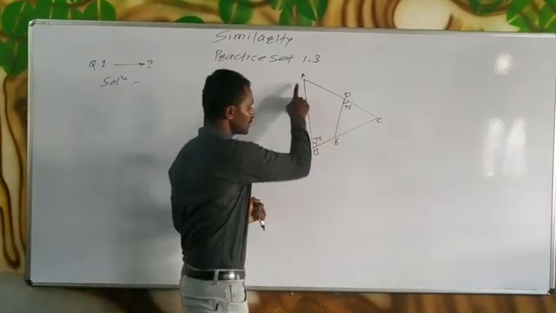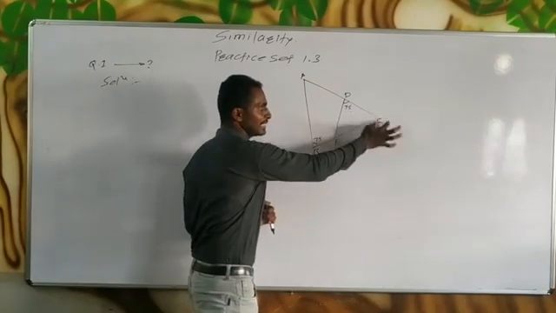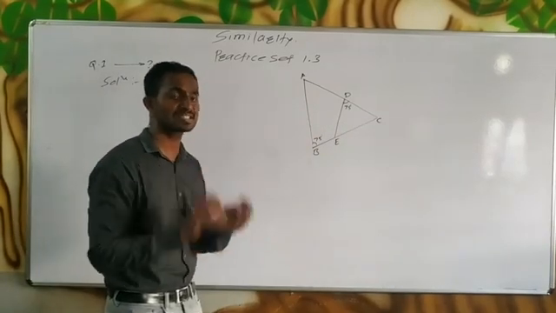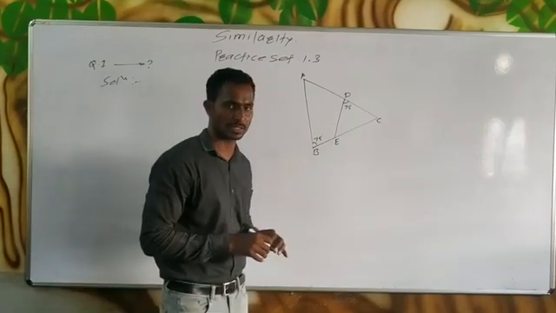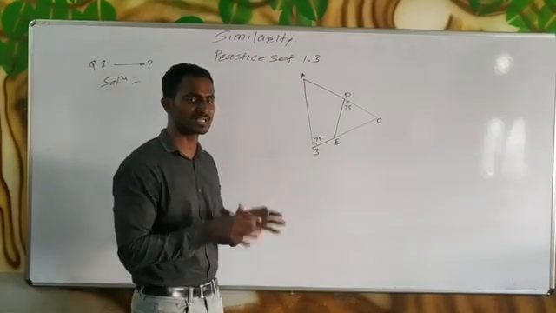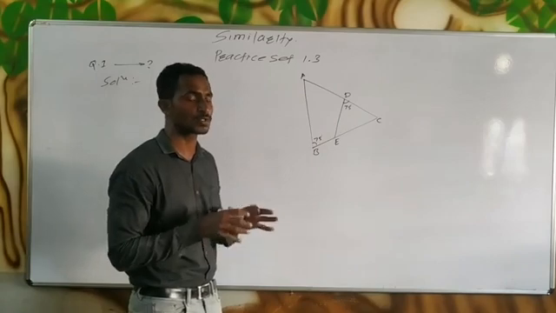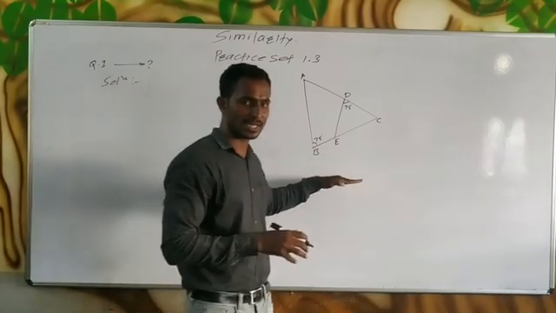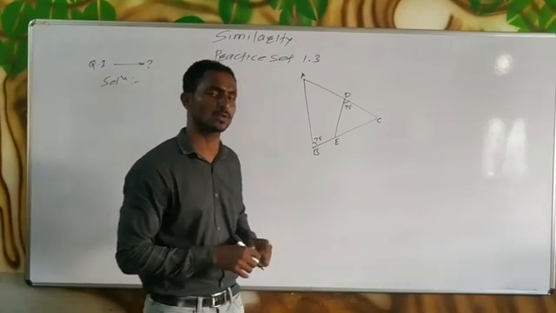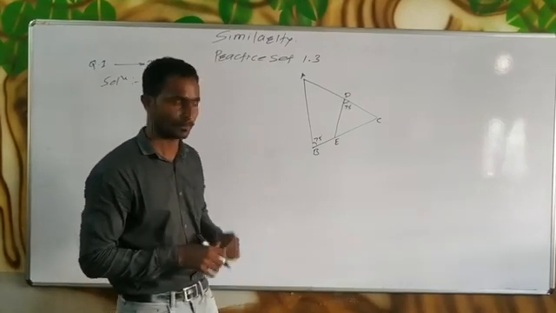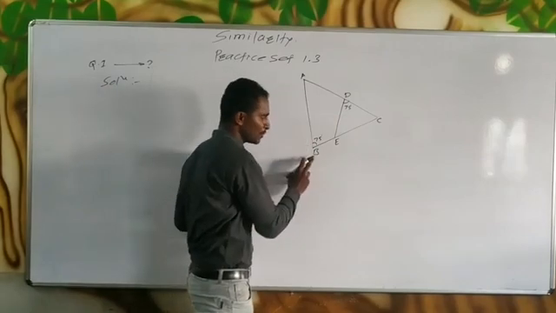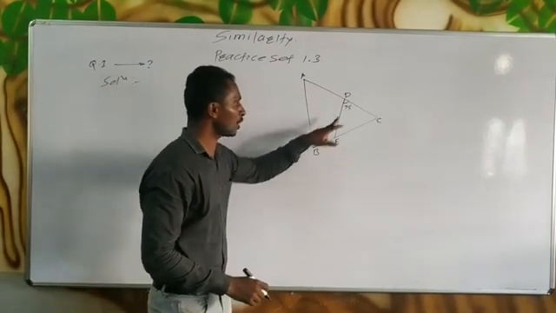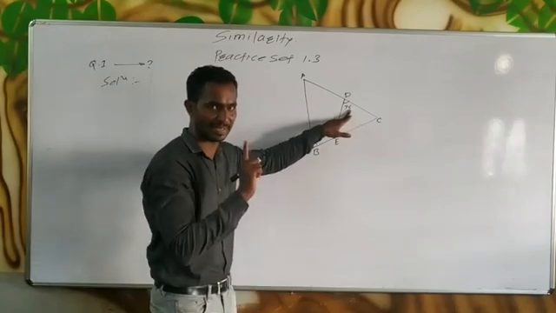How? In triangle ABC and triangle EDC, remember that the one-to-one correspondence is very essential for the similarity of two triangles. If your one-to-one correspondence is wrong, then the similarity also goes wrong. You have to remember that for the similarity to be correct, the one-to-one correspondence of both triangles is very important. So here, by the one-to-one correspondence, ABC corresponds to EDC: angle B is congruent to angle D, each of 75 degrees.